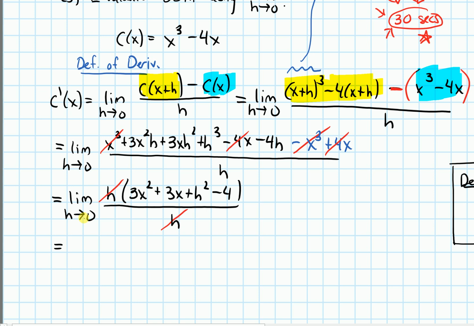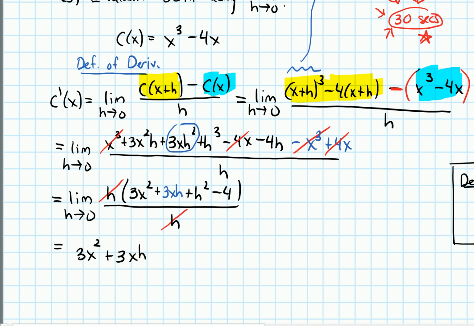Now let's try plugging in 0 for the h. So we get 3x squared plus 3x plus 0 squared. Oh, whoops, I think I made an error actually. Hold on. Yeah, this shouldn't have just been a 3x. That was coming from the 3xh squared, and when I factored out an h, I should have had 3xh. Okay, that's good we caught that. So this should have been 3xh.